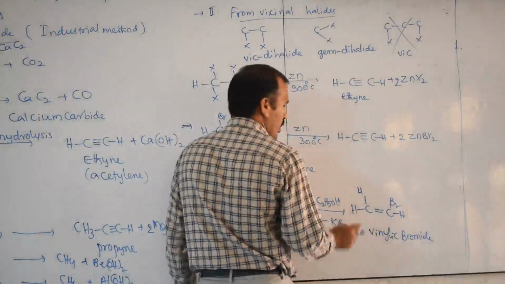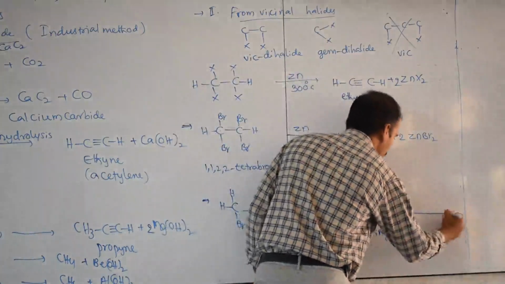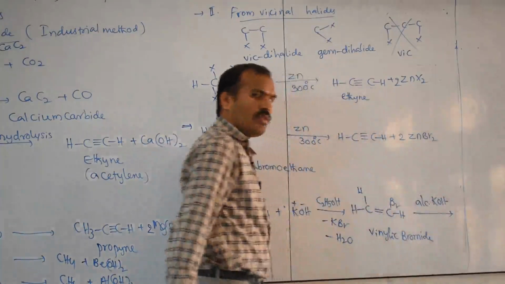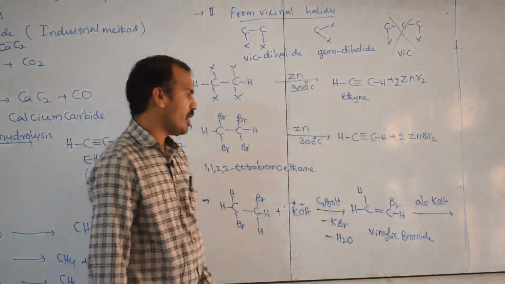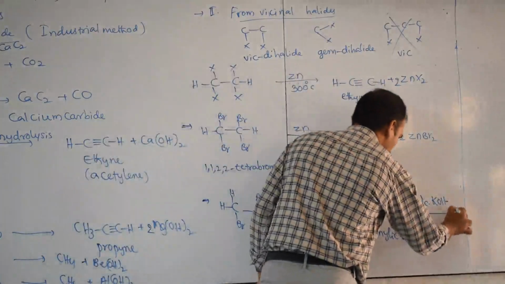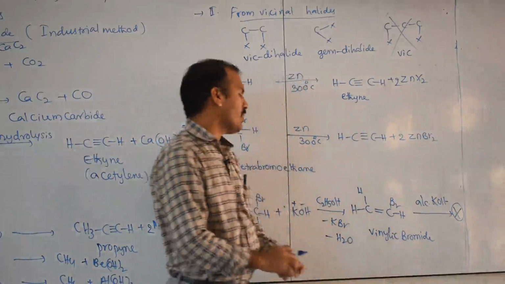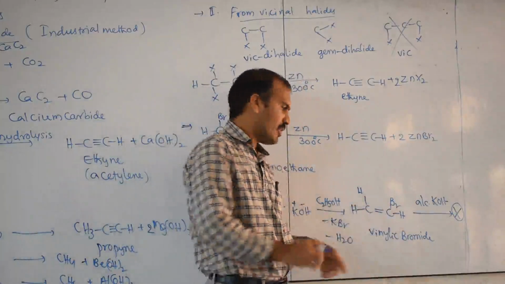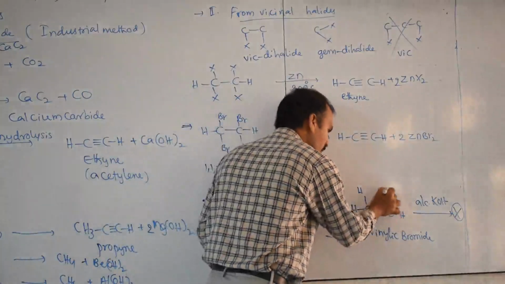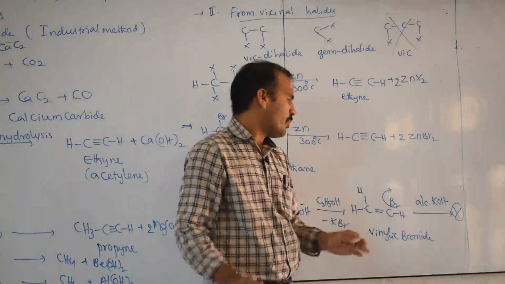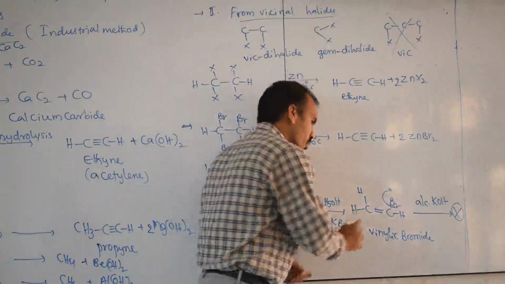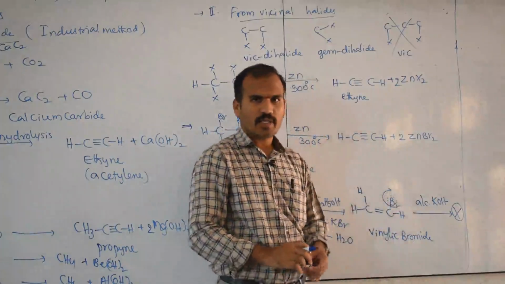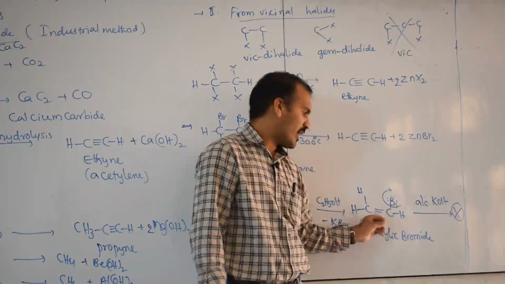No problem. Now next step, if you use the same alcoholic KOH in the next step, the reaction doesn't proceed. Reason: this bond has partial double bond character, so it is not good for eliminating now. Due to the lone pair present on the bromine, it participates in resonance and makes partial double bond character.